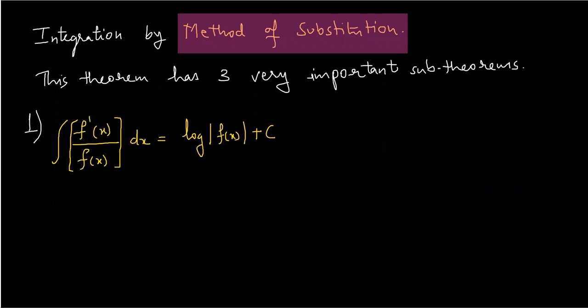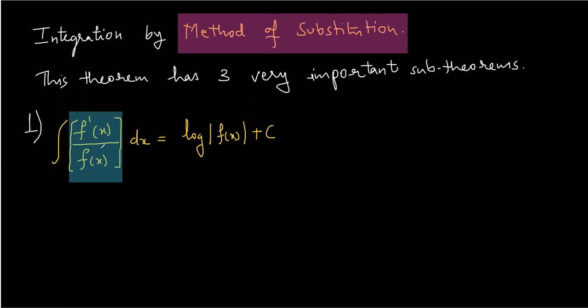What does this theorem say? It states that when you have an integrand where you notice that the numerator of the integrand is the derivative of the denominator, what do you have?